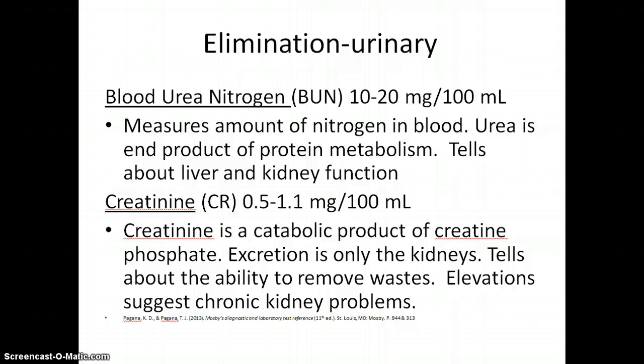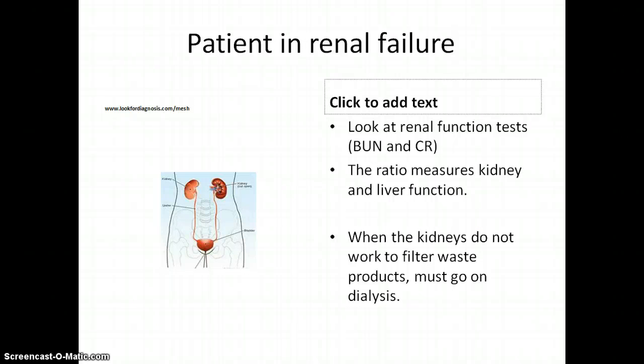And when we think about all of the patients that have kidney failure, when we start looking at pharmacology and medications that become toxic because the kidneys don't work, your BUN and creatinine are very often done on almost every patient just to see the effects of the kidney and if they are working or how well they are working. So we look at renal function tests, your BUN and creatinine, to tell about how the kidneys are able to eliminate the toxins and how the liver is able to metabolize and help the body to get rid of things.